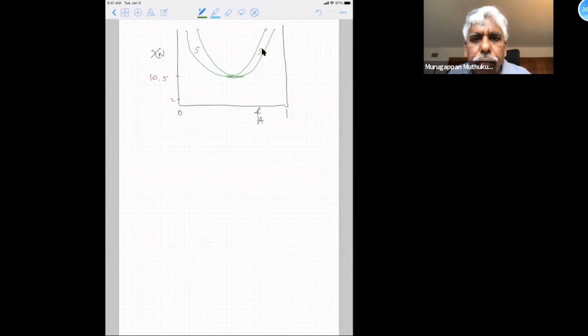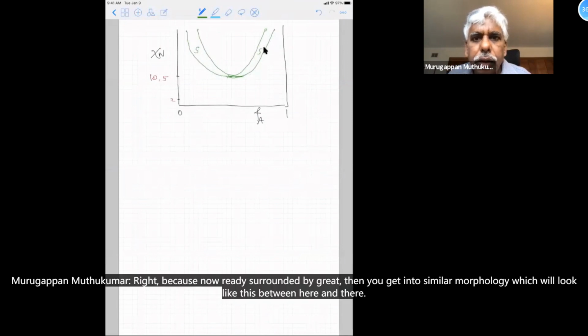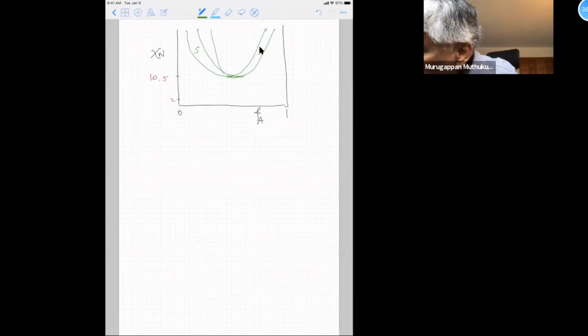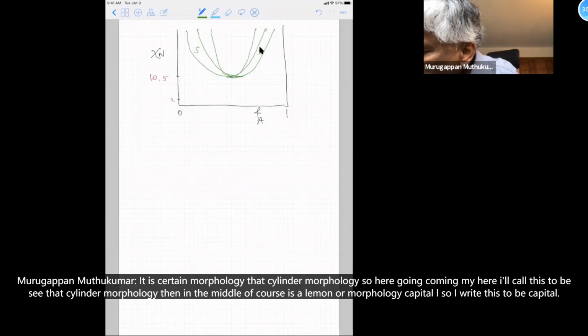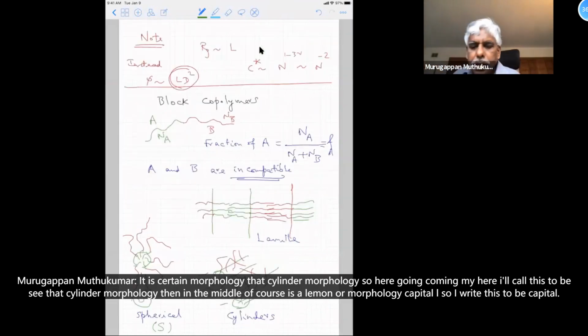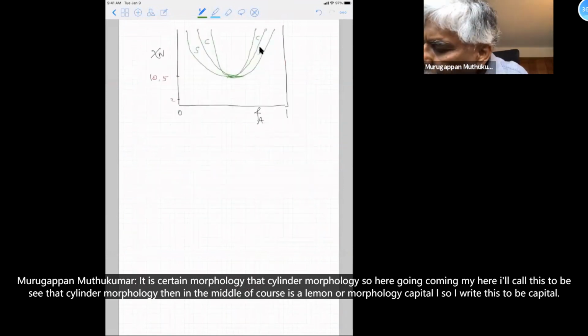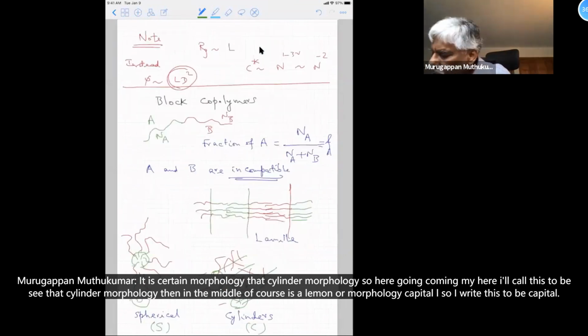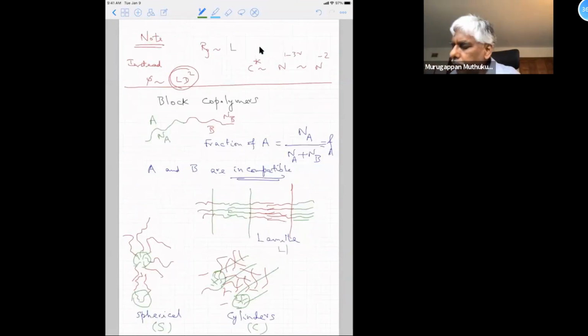Here, red is a minority, because now red is surrounded by green. Then you get into cylinder morphology between here and there. I'll call this C, that's cylinder morphology. Then in the middle, of course, it's a lamellar morphology, capital L.